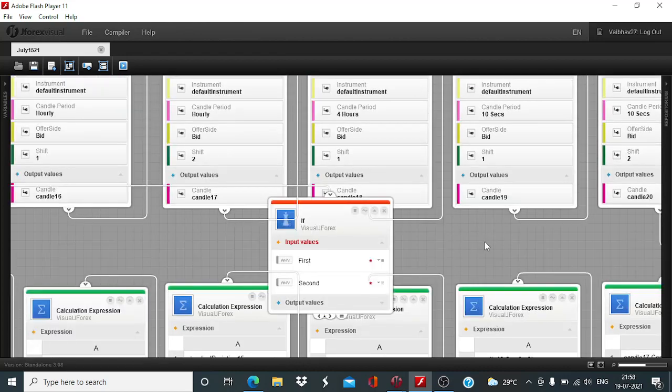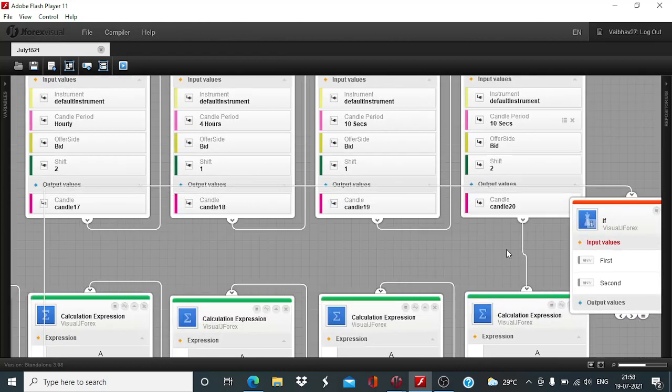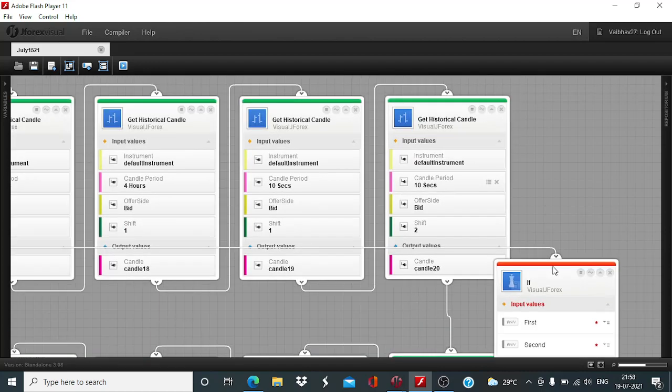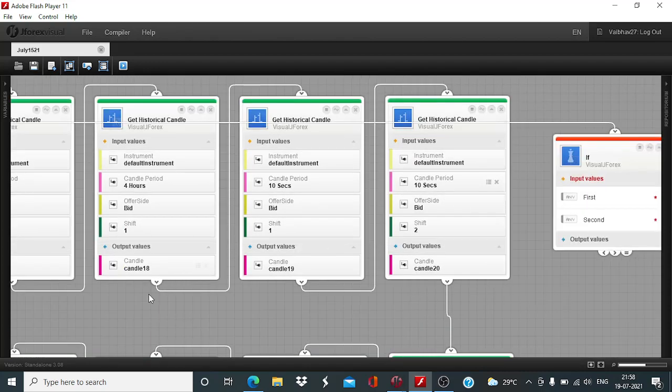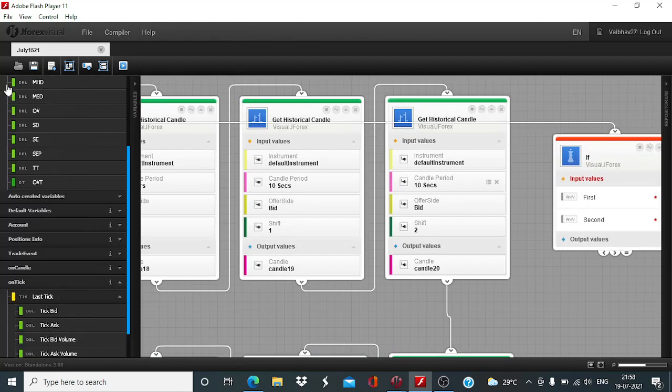After that, we will consider the price action, and we need the last 4 hour candle to have closed with losses. So candle 18's closing value will need to be below candle 18's open value.